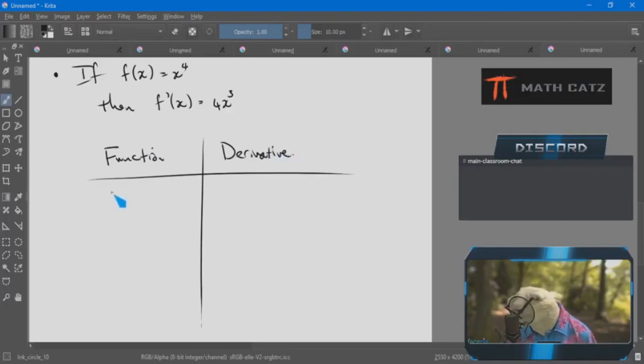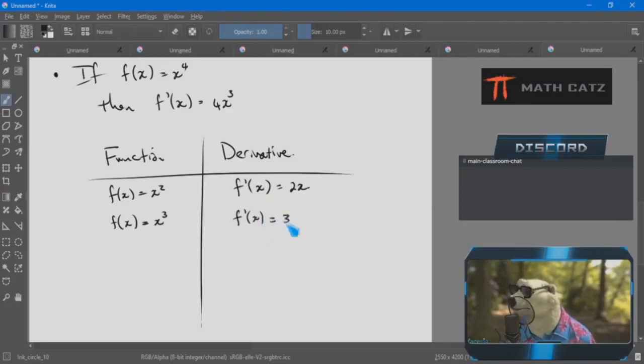Original function, f of x, x squared. Derivative is 2x. Original function, x cubed. Derivative, 3x squared.